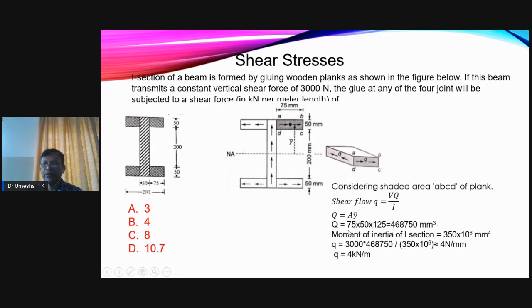So you'll be getting the Q value. Then the moment of inertia of the I section can be calculated for this one. Then shear flow is equal to V, which they have already given as 3000 Newton, and the Q value we calculated, divided by moment of inertia. We'll be getting approximately 4 Newton per millimeter. So option B is the correct one.